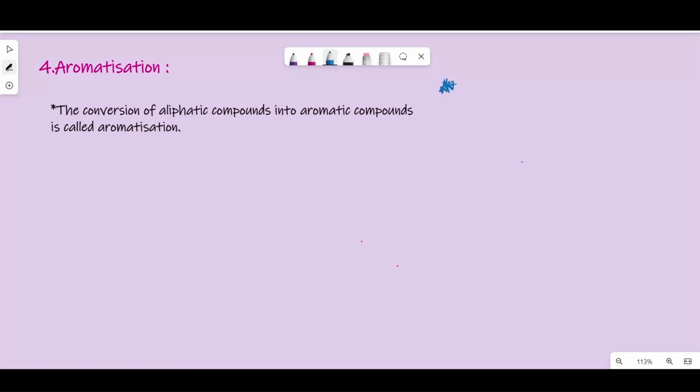I'll write the useful reagents for this aromatization. Those are Cr2O3 in the presence of Al2O3. This reaction occurs at high pressure and nearly 800 Kelvin temperature. One more reagent is V2O5, or Mo2O3 also. If you use these reagents with alkanes, then they will be converted into aromatic compounds.